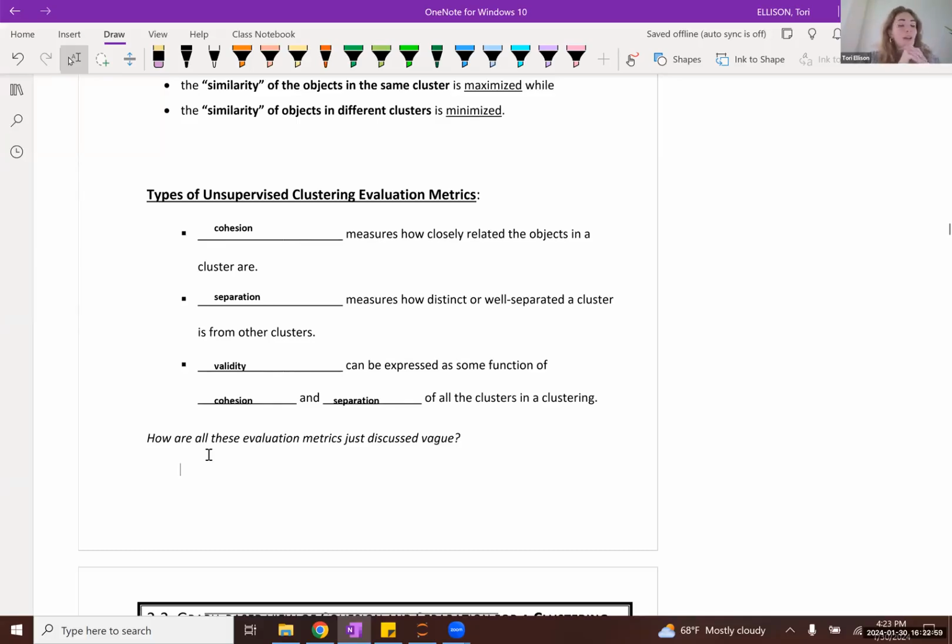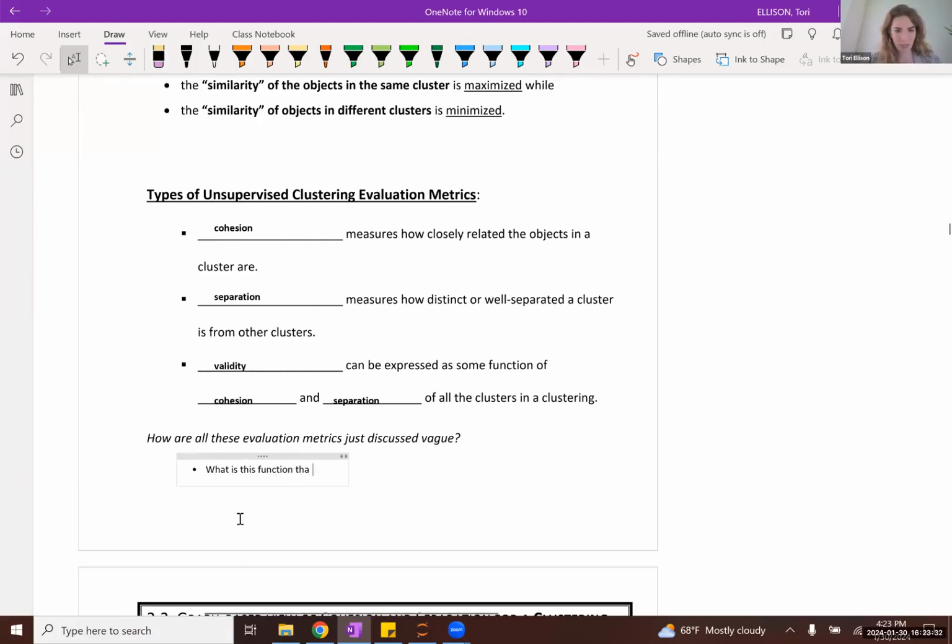so I have given you another vague definition. So what are some vague elements of this definition? Yeah, what is this function? Yeah, we might ask that.